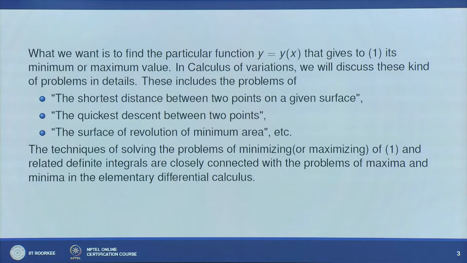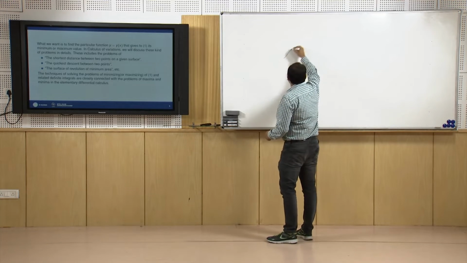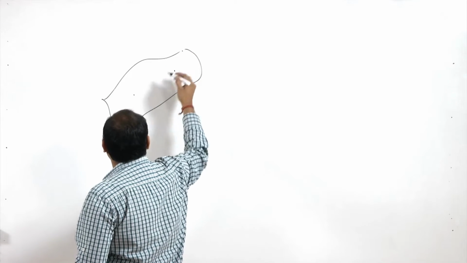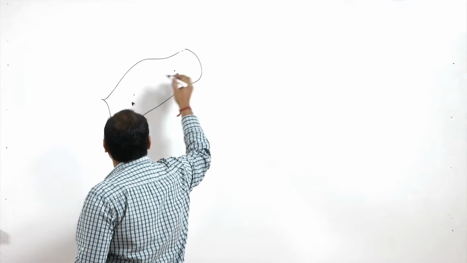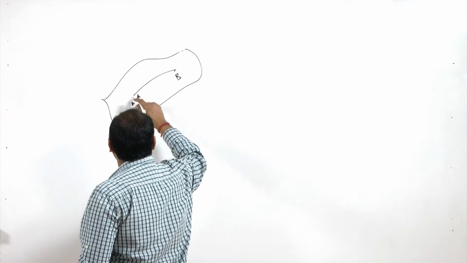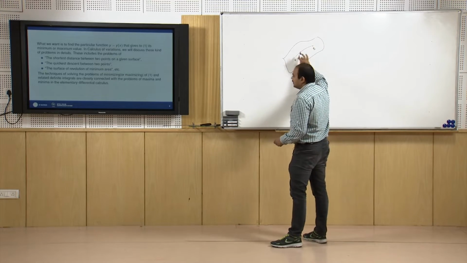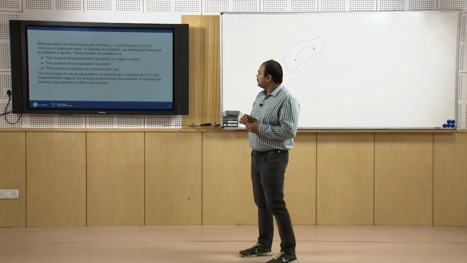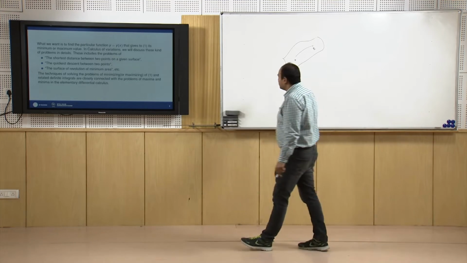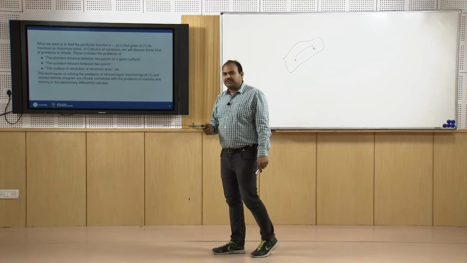Suppose we have a surface, and there are 2 points A and B, and we try to see what is the shortest distance between these 2 points, provided that they lie on the given surface. This is one of the problems discussed in calculus of variation, and we'll discuss it in detail as the problem known as geodesics.